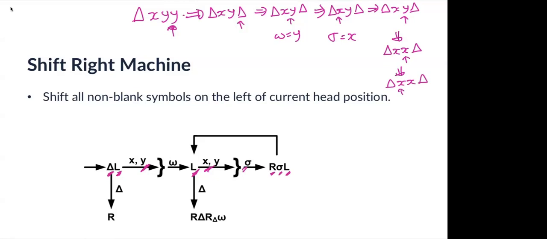Okay, and from here, we go back and we move to the left again. So we are here now and we found delta. So we will do R. We will go to the right. We change it to delta.